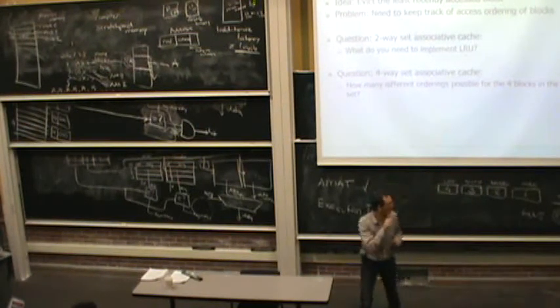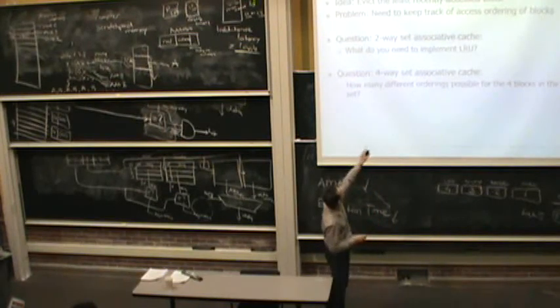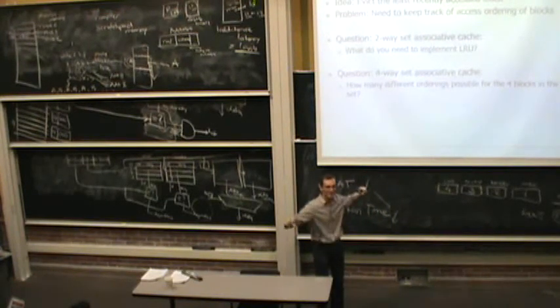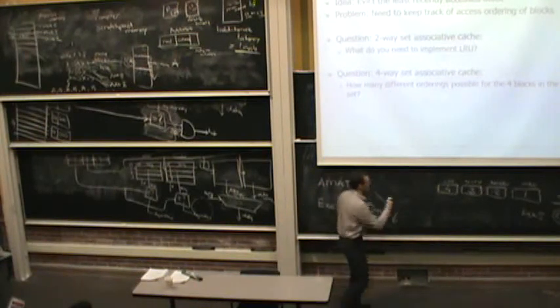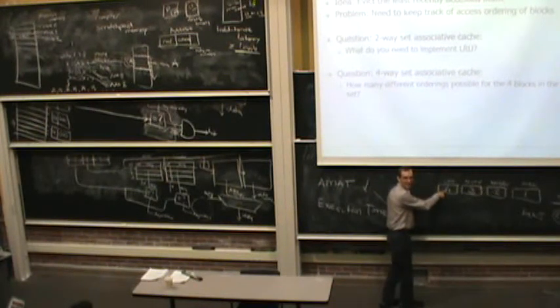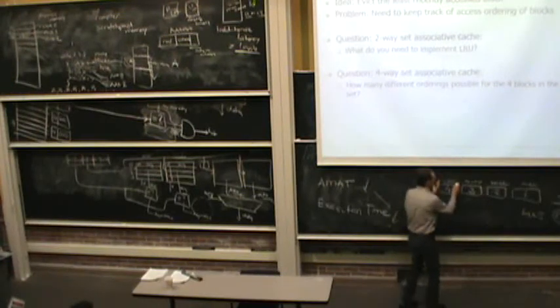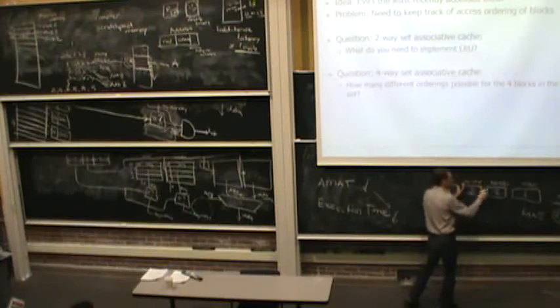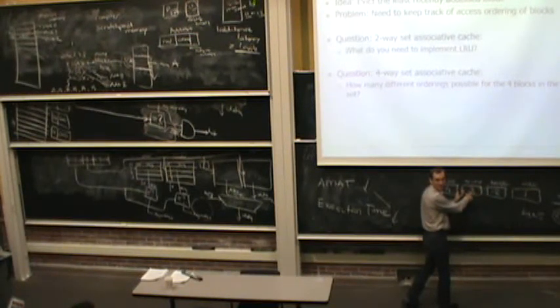Yes? So, okay, how many different orderings are possible for 4 blocks in the cache in terms of access order? Any 4 blocks can be the least recently used block. Once you set that, among the remaining 3 blocks, any 3 blocks can be the next least recently used.